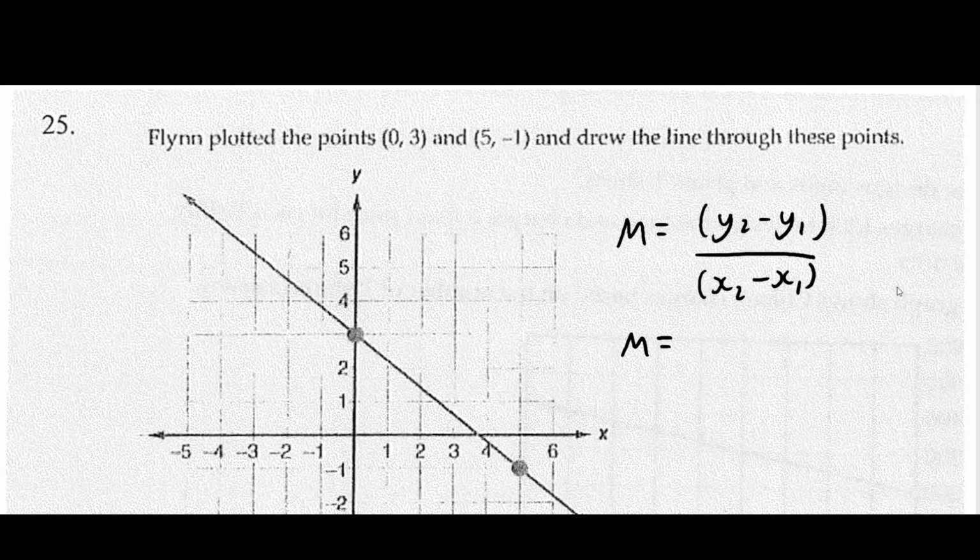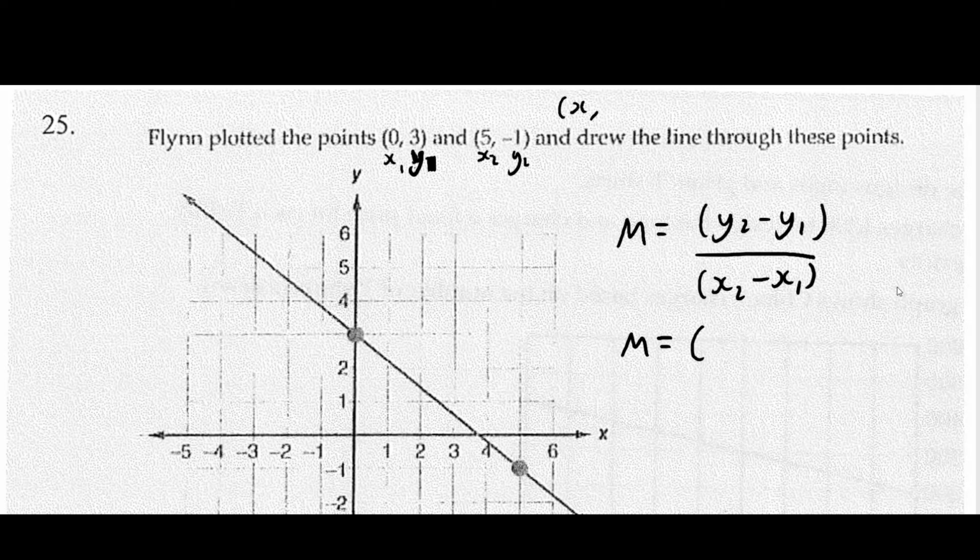We call the gradient m. Here we've got x1 and y1, then we've got x2 and y2.